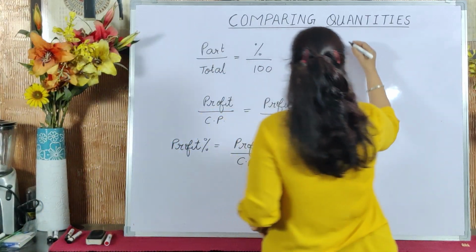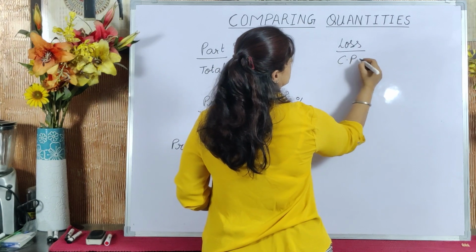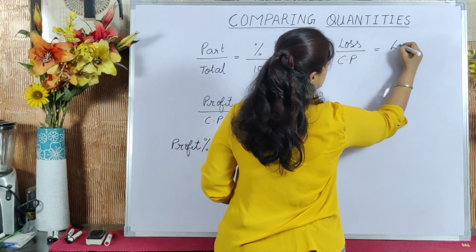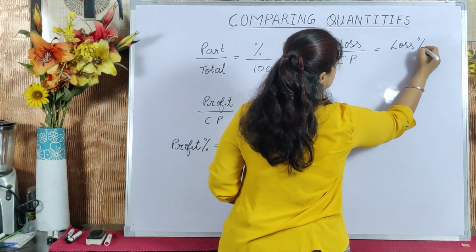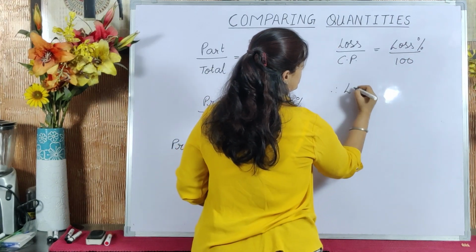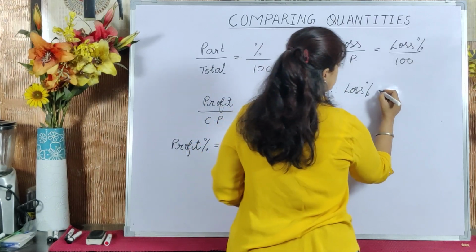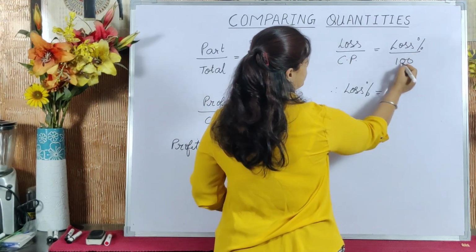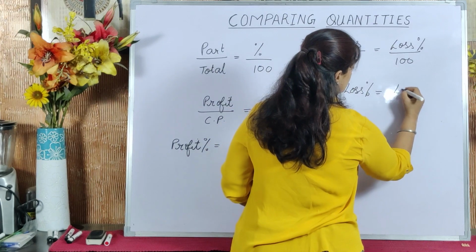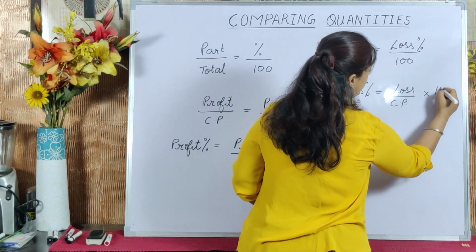So it will be loss upon cost price is equal to loss percent upon 100. Therefore, loss percent will be, again it is calculated on cost price. Loss percent, you have to bring the 100 again on the other side. So loss upon cost price multiplied by 100.